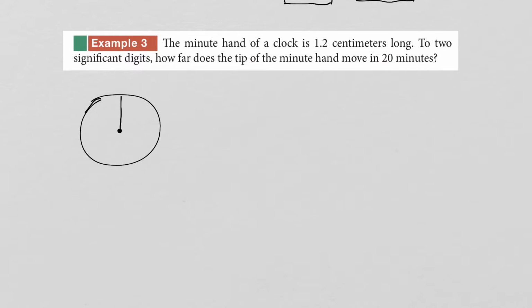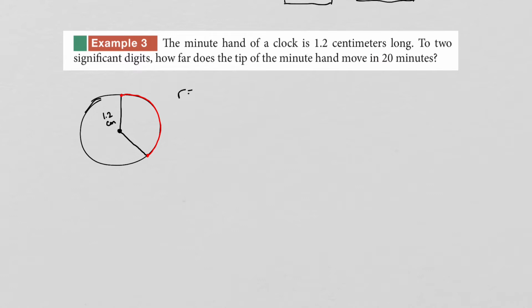And the length of that minute hand is 1.2 centimeters. And we want to know how far does the tip of that minute hand move in 20 minutes. Well, since it's a minute hand, in 20 minutes, the hand will be positioned over here, roughly. And we are trying to find how far the tip moves. So we are looking for that arc, S.